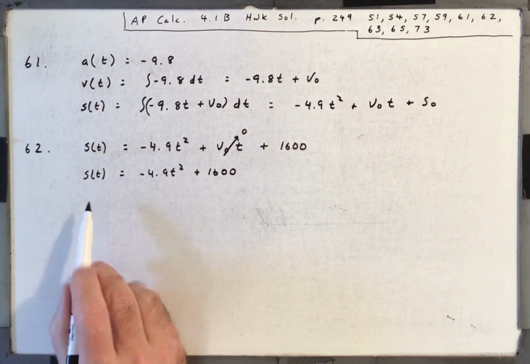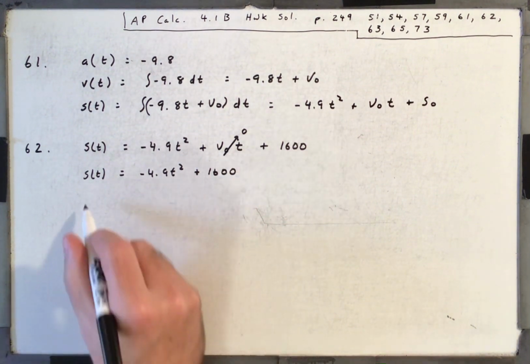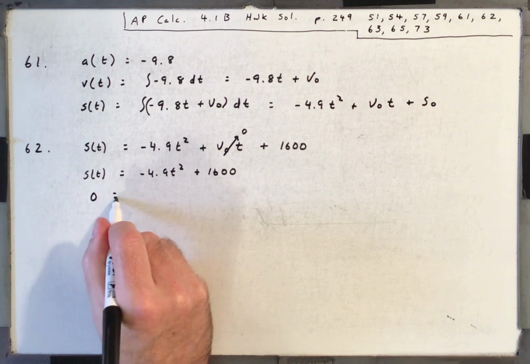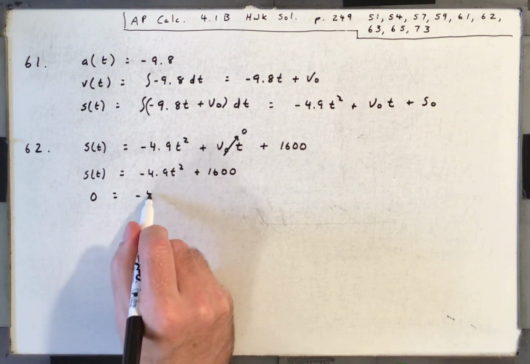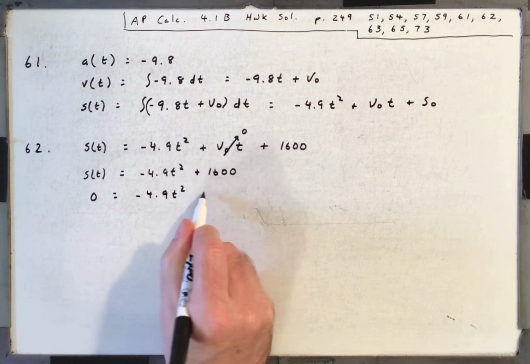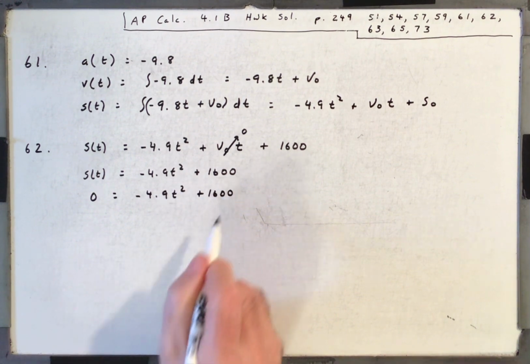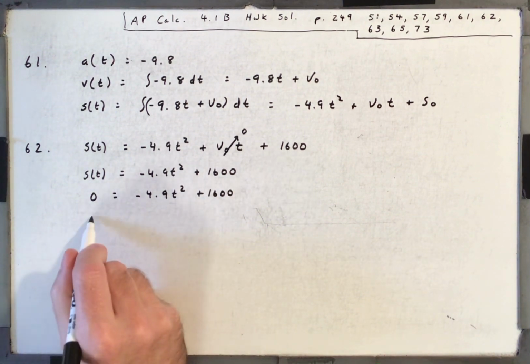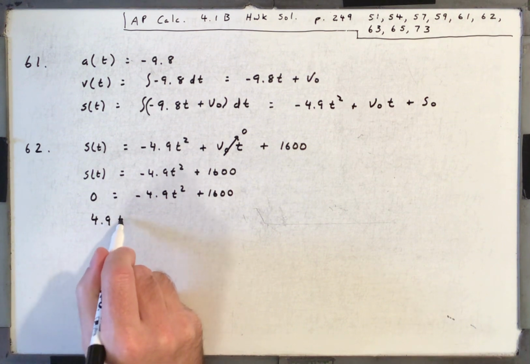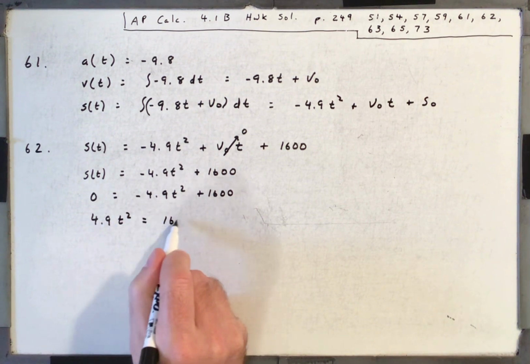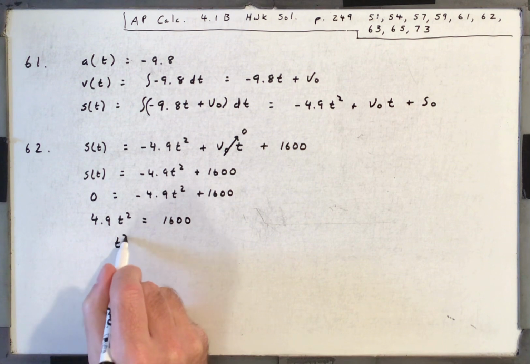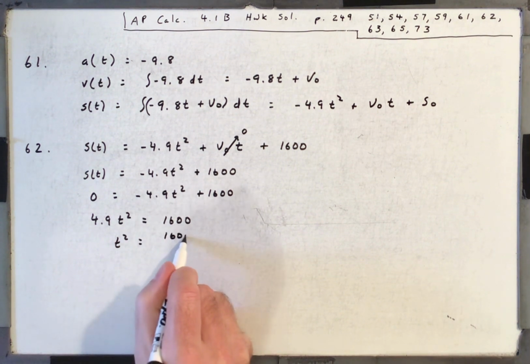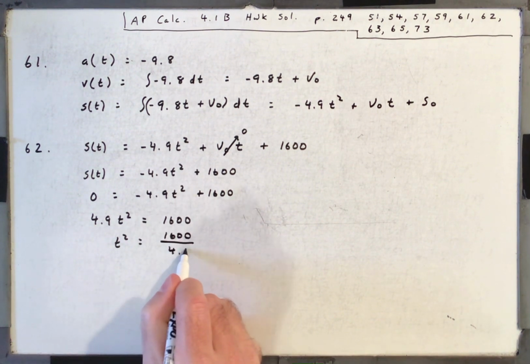Now at the canyon floor, what is the position? The position is 0. So we have 0 is equal to minus 4.9 t squared plus 1,600. Now I can move that 4.9 t squared to the left to make it positive. So t squared is 1,600 over 4.9.